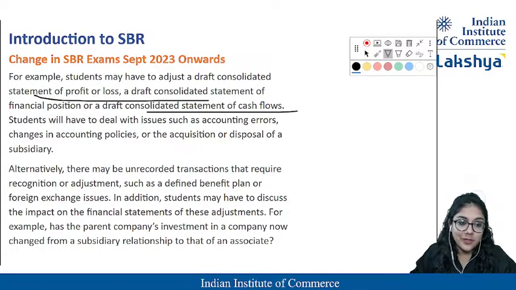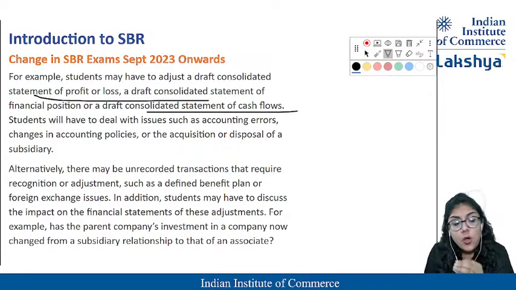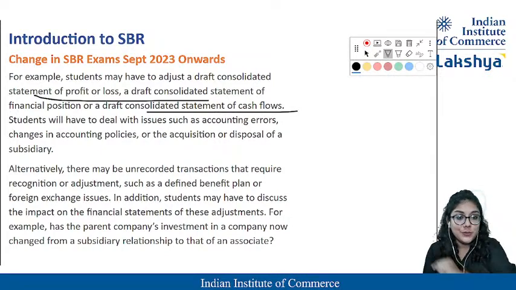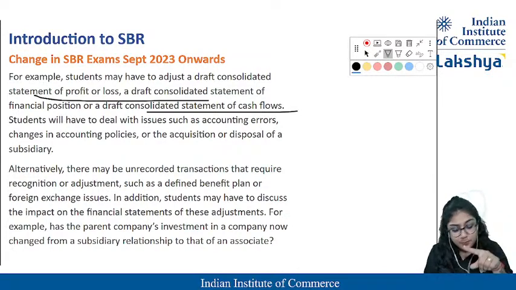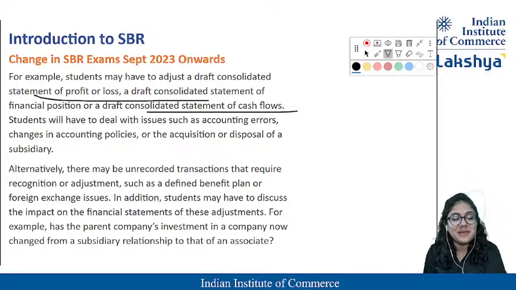What is contract modification? There could be one additional contract added to the existing one. So am I supposed to add it to the existing contract, or make altogether a new contract? That is a change which just came into the picture, and it is to be learnt.